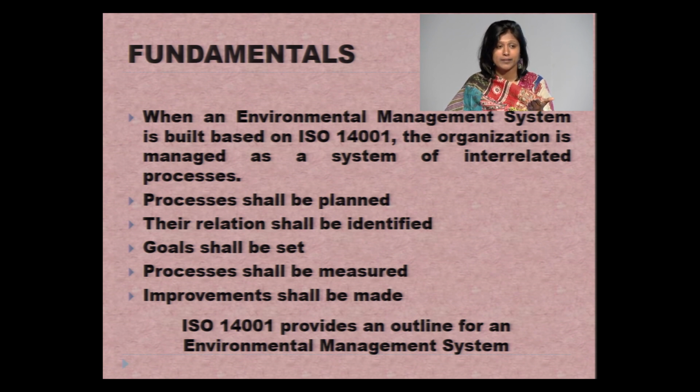We have to understand that; only then is it possible to achieve them. Another important aspect is improvement. There has to be a continual improvement in place when we are implementing this system. So basically, ISO 14001 provides us an outline on how to establish this environmental management system.